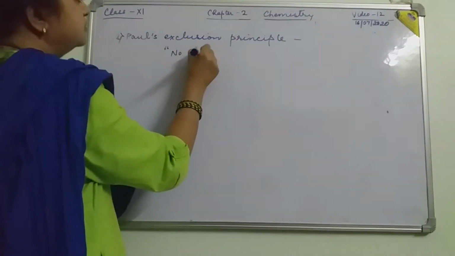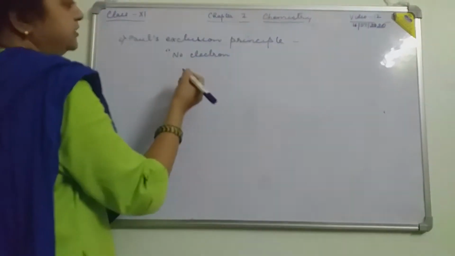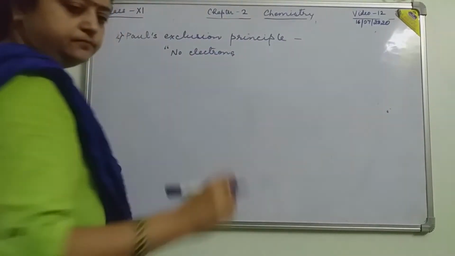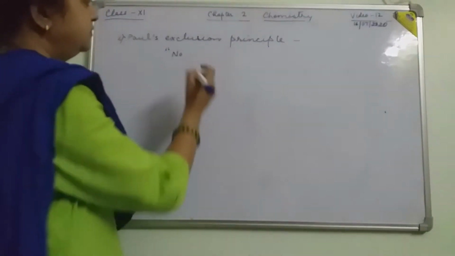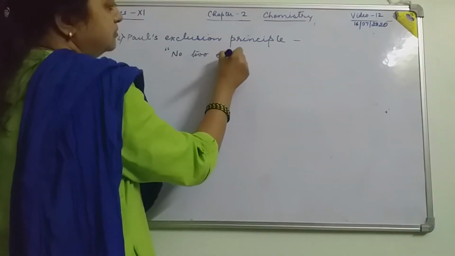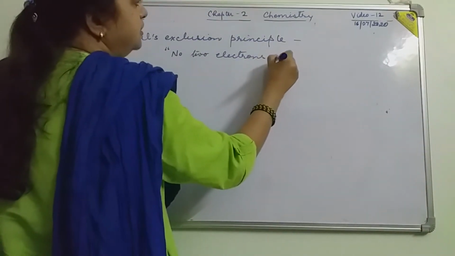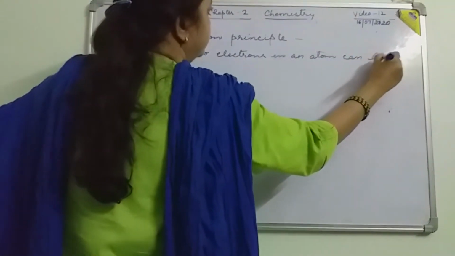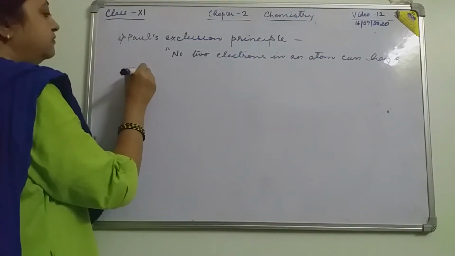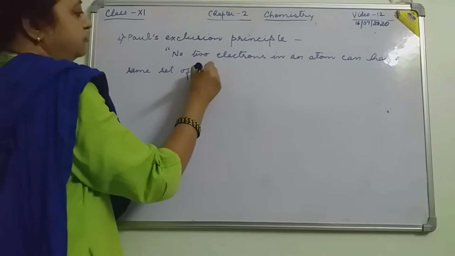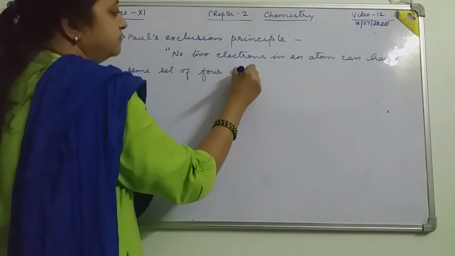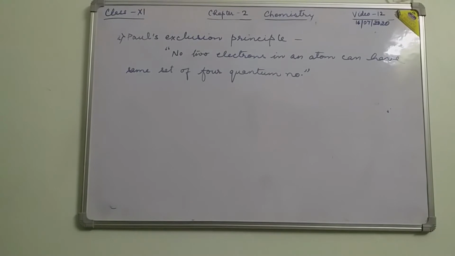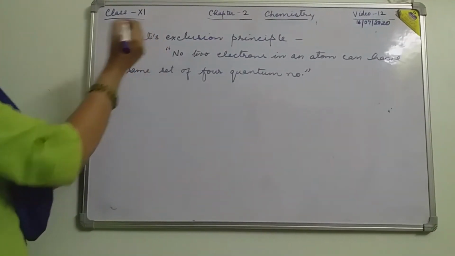It states that no two electrons in an atom can have the same set of 4 quantum numbers. This is Pauli's exclusion principle.